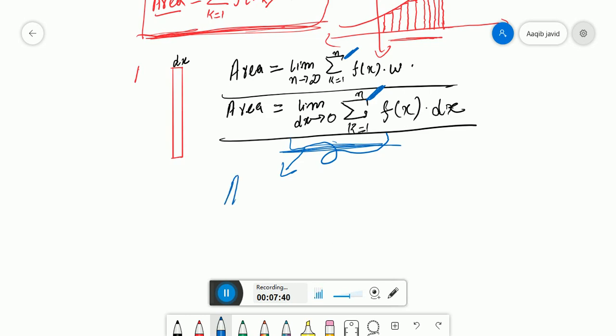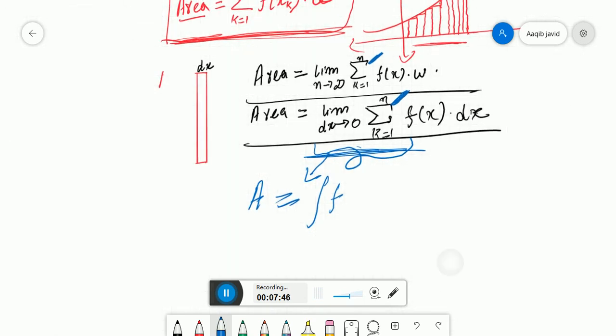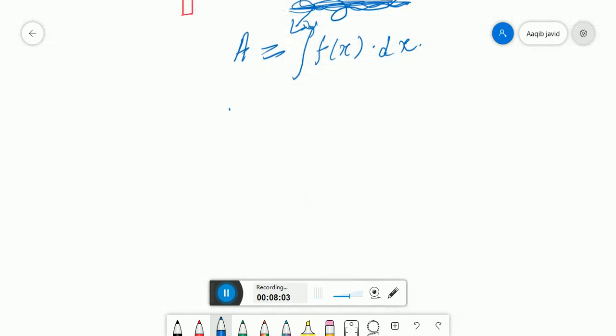That's area A will be equal to the stretched S f of x times dx. Now the whole thing, the limit and the summation, is contained in this S right here. Let's write it again to be more clear.